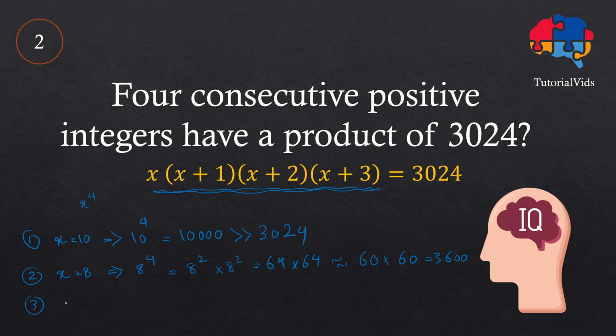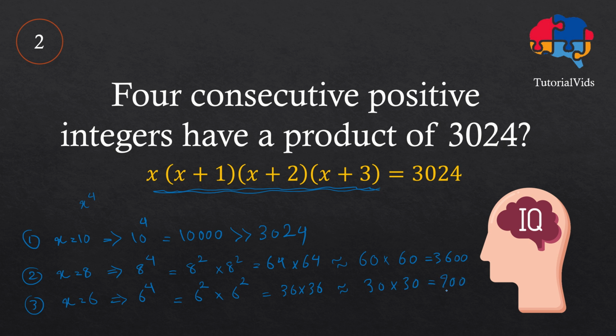So this time, let's try with x equals 6. Then I would have 6 to the power of 4, which, well, is a bit difficult to calculate, at least for me. So I replace that by 6 to the power of 2 times 6 to the power of 2, and this is 36 times 36. Still difficult for me to calculate. I can replace 36 by 30, so this is 900.